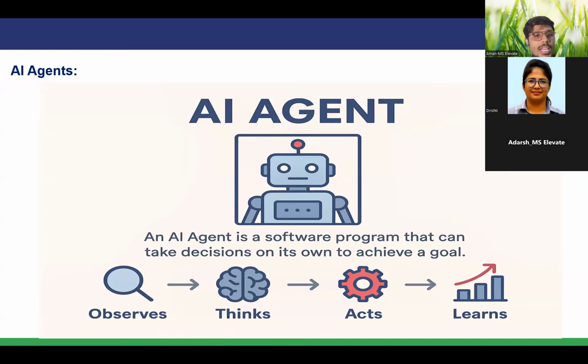So now, what are AI agents? AI agents are nothing but a small part of this big LLM. Any LLM has a large amount of data. I told you, any LLM works on tons of parameters, billions of parameters, tons of articles, encyclopedias, books. But what if you need something related to only one subject?